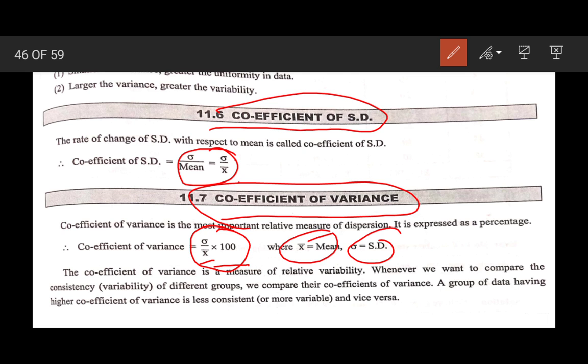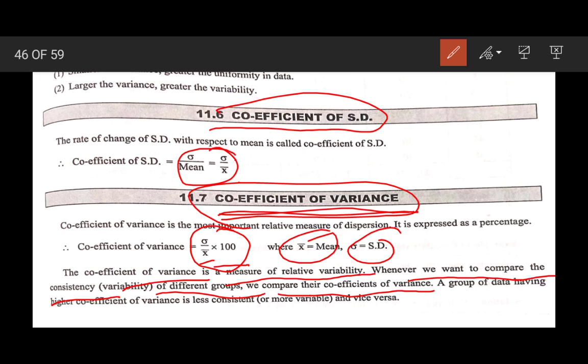This coefficient of variance is a very important concept, because it is a measure of relative variability whenever we want to compare consistency. To compare the consistency of different groups, we compare their coefficients of variance.